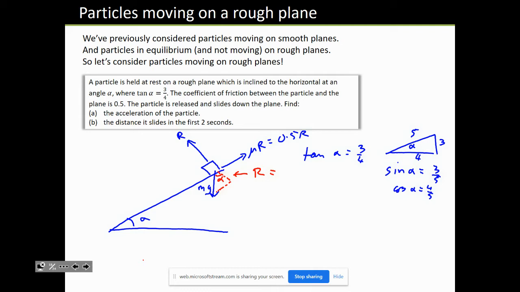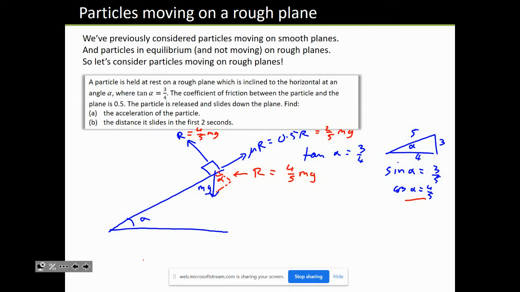But that is also going to equal mg cos alpha. And we know that cos alpha is 4/5. So R is 4/5 mg. And we know that 0.5 R is 2/5 mg. That's helpful.